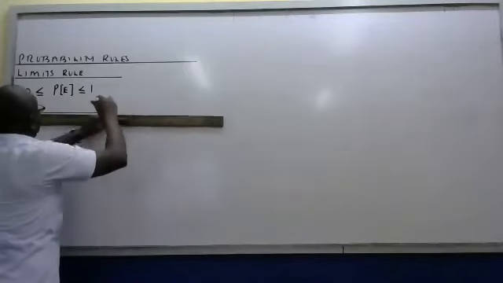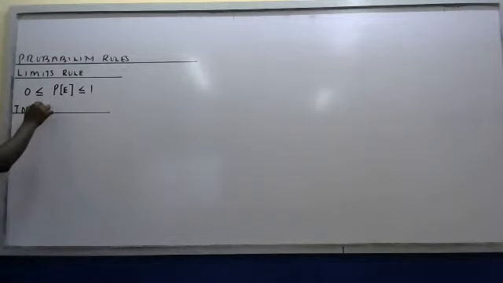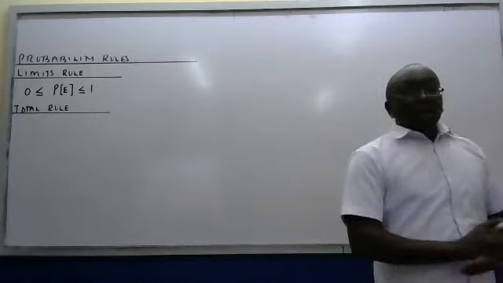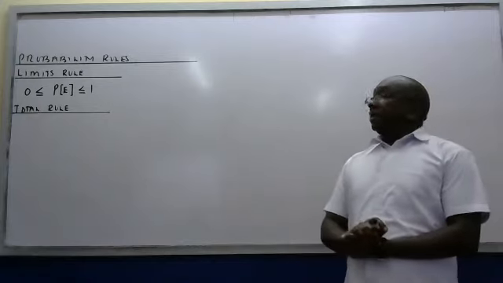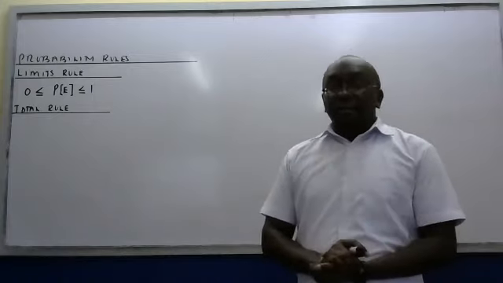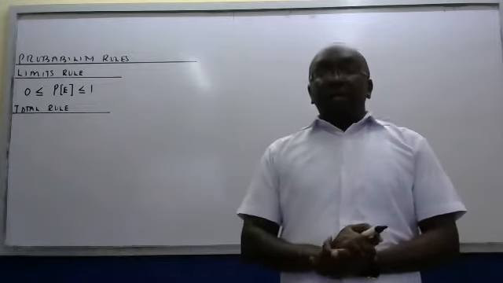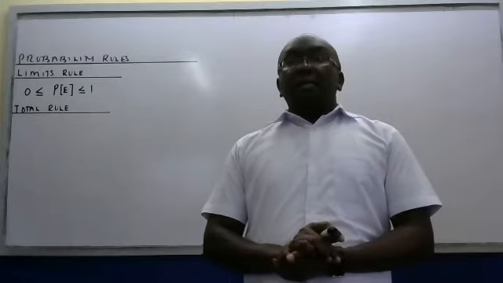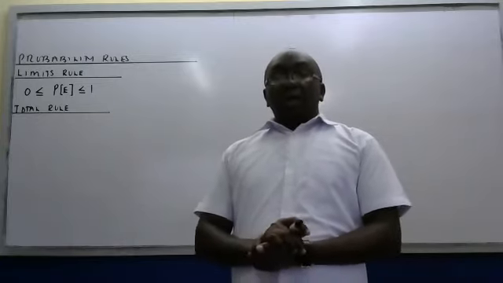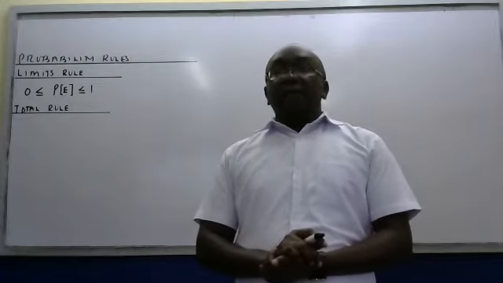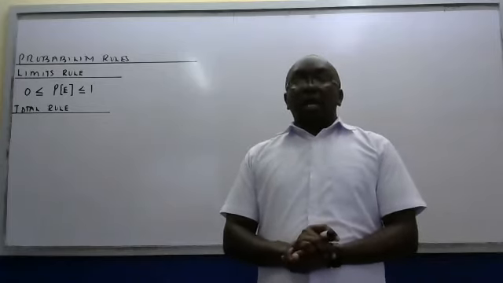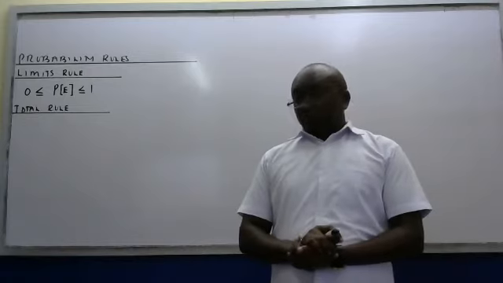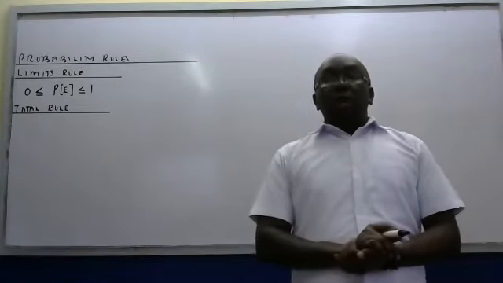Number 2 is called total rule. This states that the probability of an event happening plus the probability of an event not happening should be equal to 1.